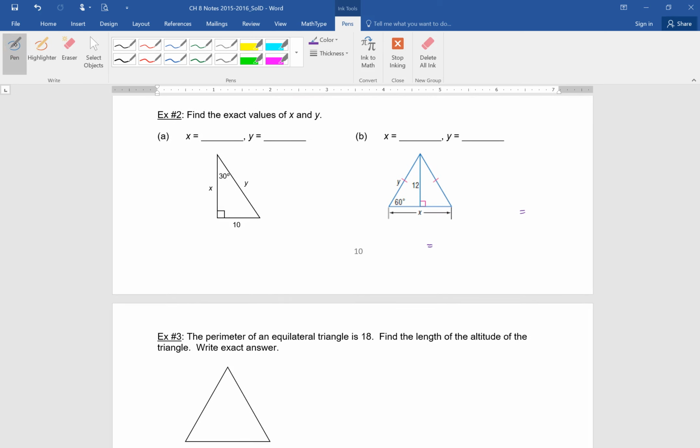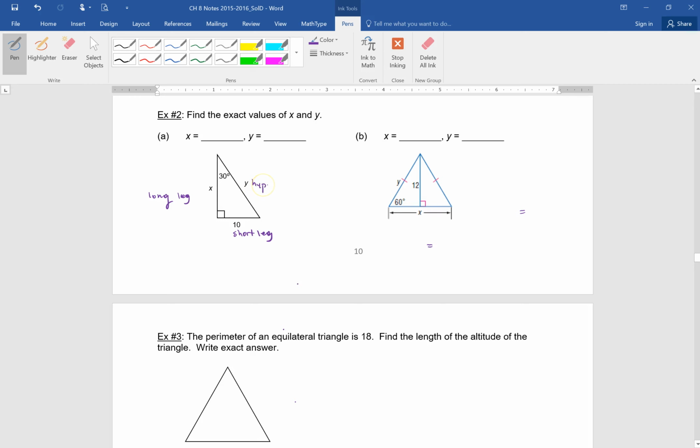All right, so here's your 30, 60, 90. Okay? The one facing the 30 is always the short leg. Right? Where is the long leg? That's the X. And what's Y then? The hypotenuse.